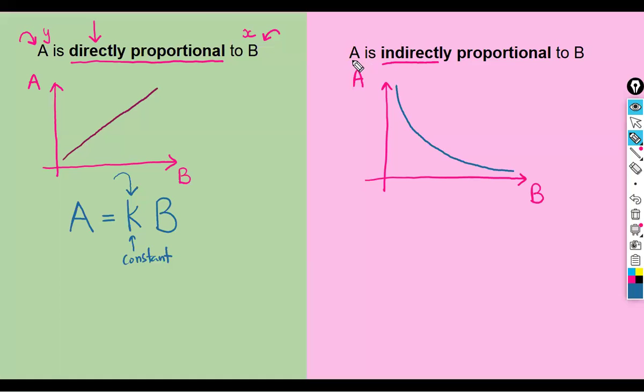And anytime they say A is indirectly proportional to B, this is the equation they want you to remember: A is equal to K, but the second letter, which is B in this case, always goes underneath. And of course, K is a constant again. Your job will be to find K, and once you find K, it will never change for the question.